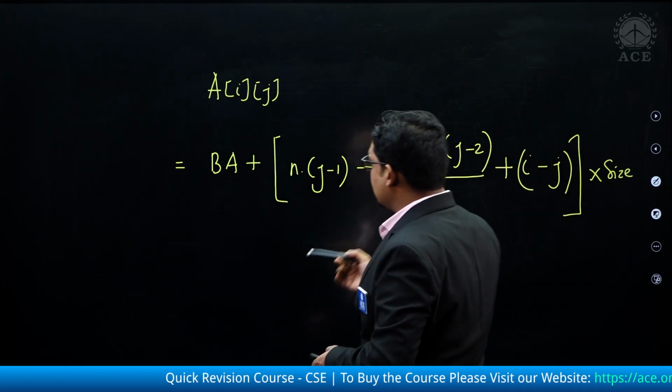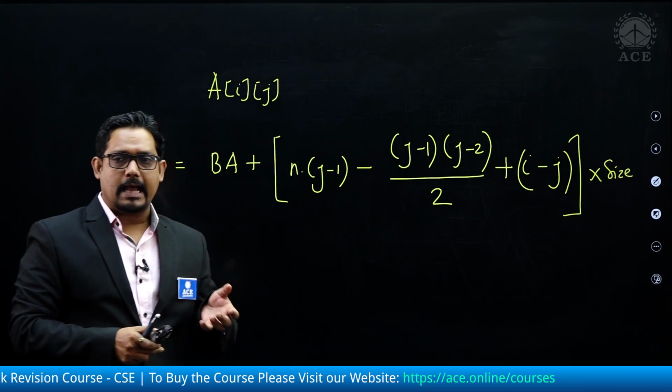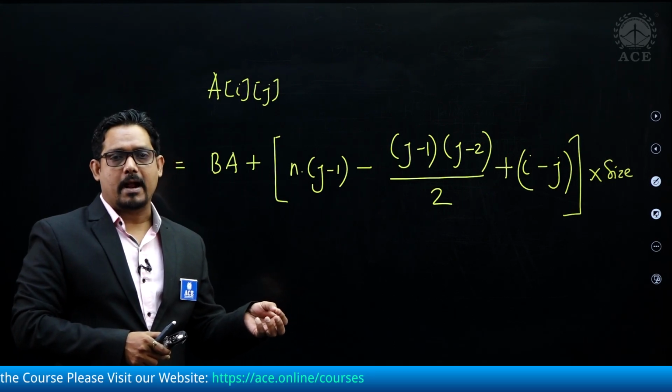So this is the formula for retrieving the address of Aij for a lower triangular matrix in column major order.